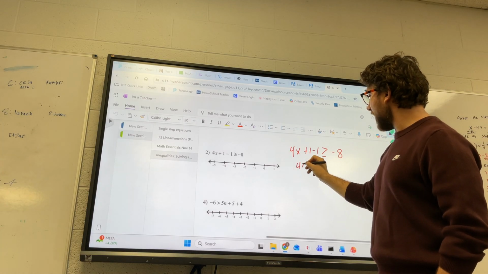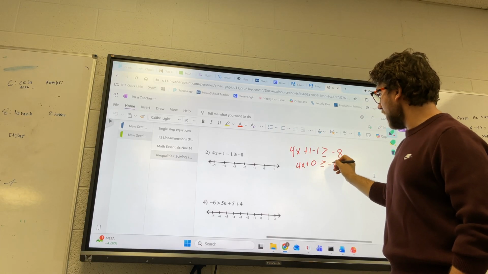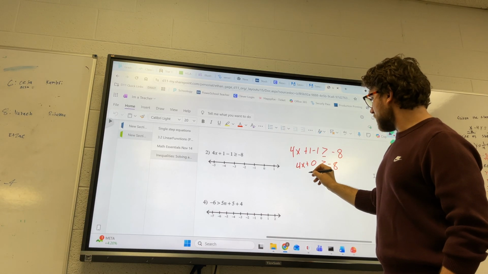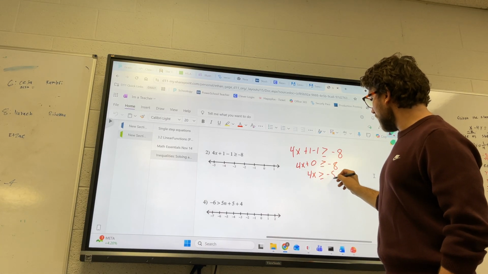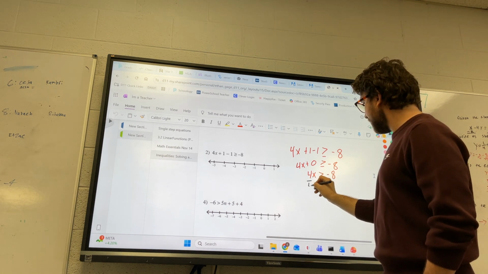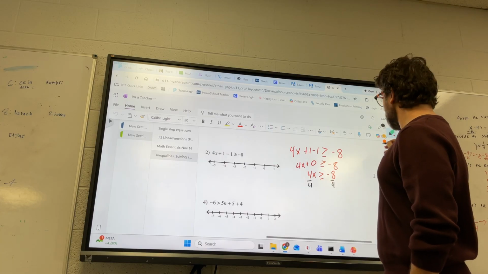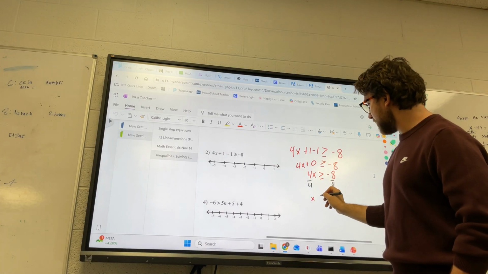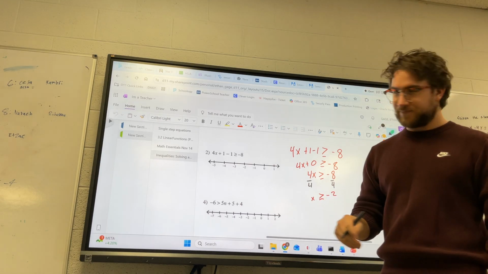So we have 4x plus 0 is greater than or equal to negative 8, which is just 4x is greater than or equal to negative 8. And here we will divide by 4 on both sides, giving us our final answer, x is greater than or equal to negative 2.